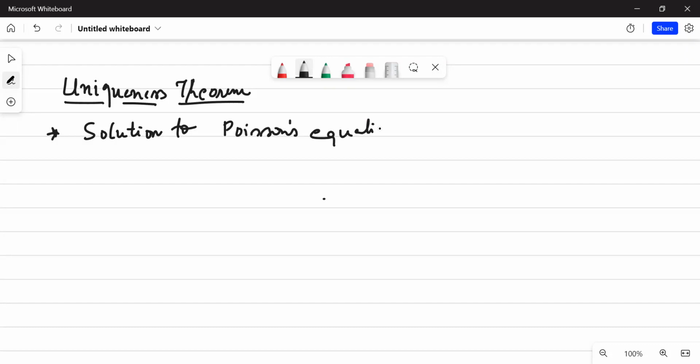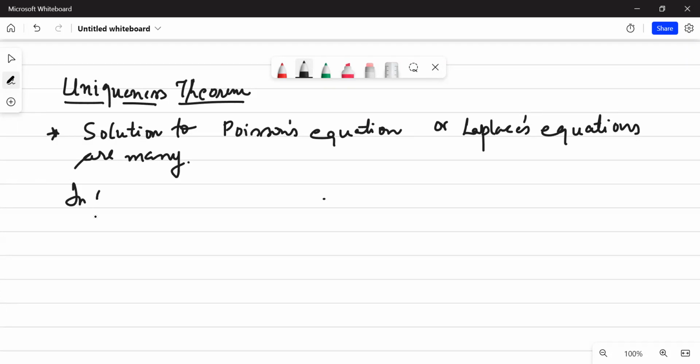That I mentioned very initially also. The solutions to the Poisson equation or Laplace's equation are many. However, in physics, we are interested in those solutions which satisfy our initial boundary conditions.